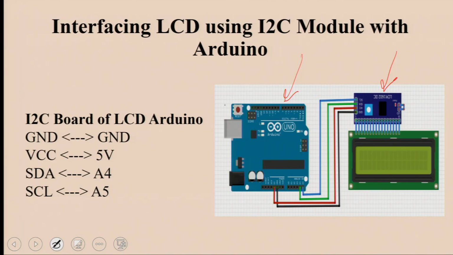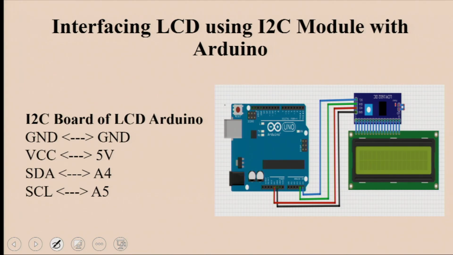For this, we have these 4 lines. The ground pin of your I2C board, we are going to connect with the Arduino ground pin. Along with this, the VCC pin of your I2C board will be directly connected to 5 volt of the Arduino board. After this, we have the SDA and SCL lines.